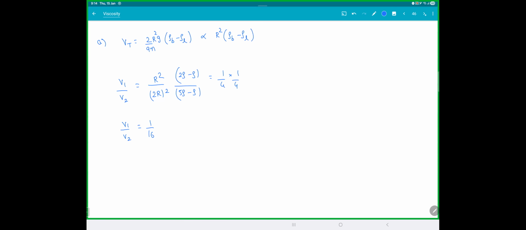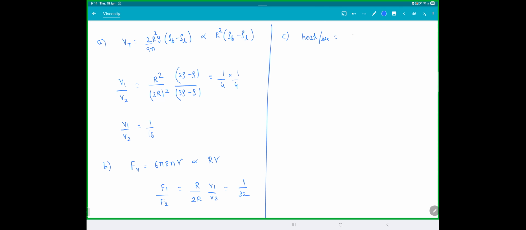The second thing, F viscous is 6 pi R eta V. I'm just taking the magnitude. So this is proportional to R into velocity. So F1 by F2 will be R by 2R into V1 by V2. That's 1 by 32. What is heat produced per second?